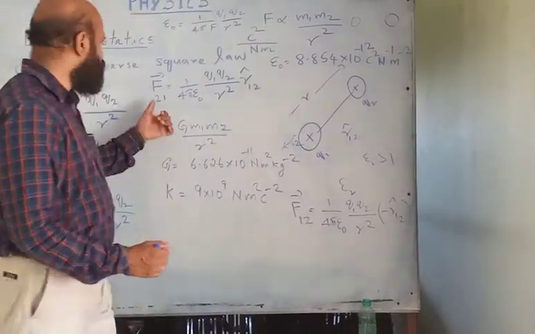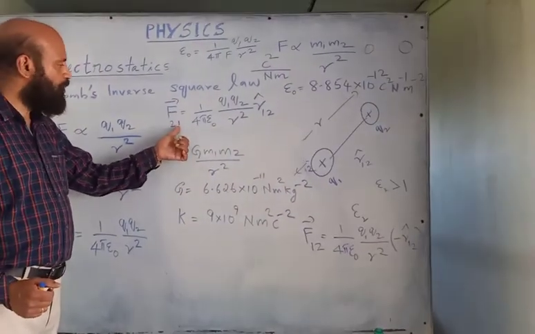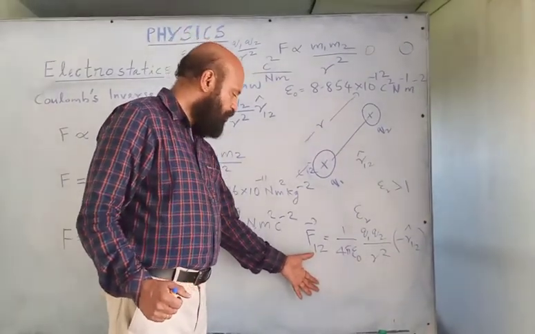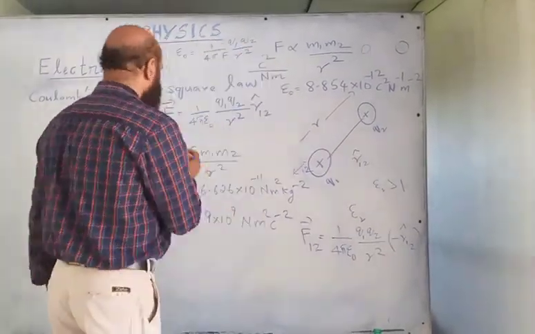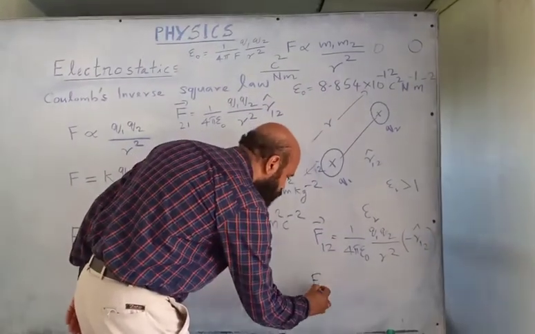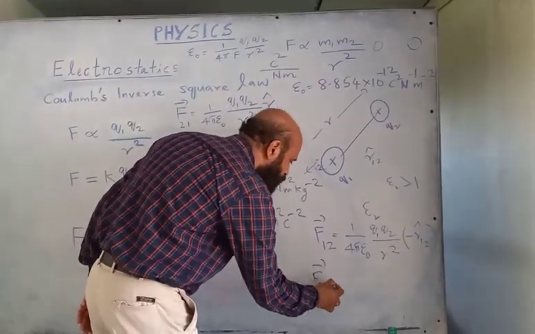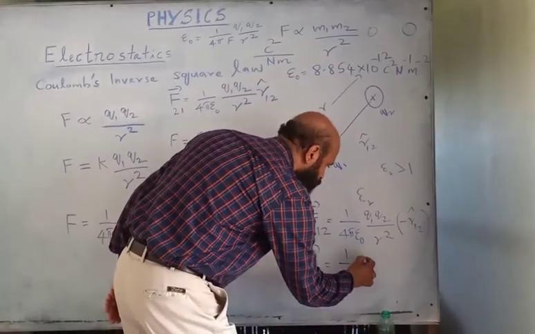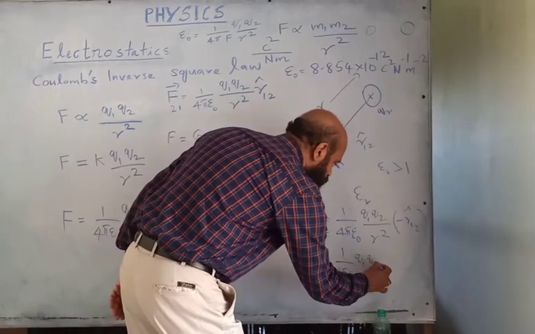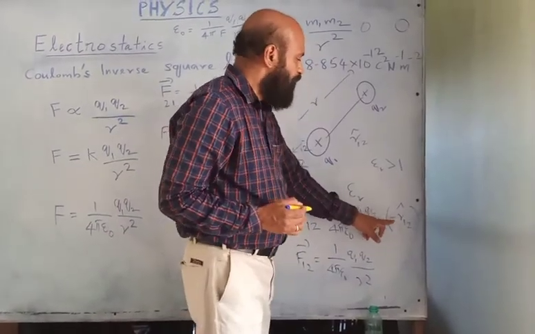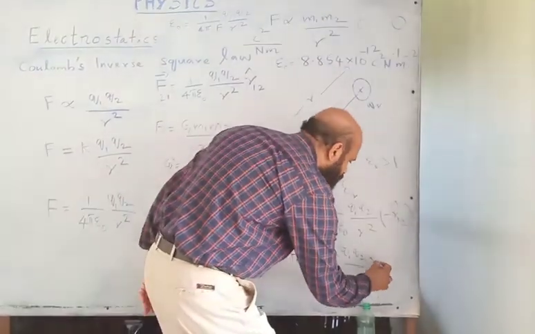So this is the force experienced by the second charge because of the first charge, and this is the force experienced by the first charge because of the second charge. When it is 2 1 here, it is 1 2 there. Similarly, the force experienced by the first charge because of the second charge is 1 by 4 pi epsilon 0 q1 q2 by r square.